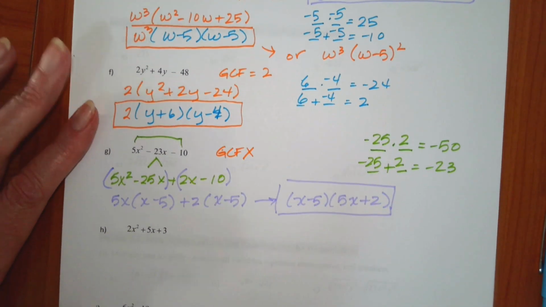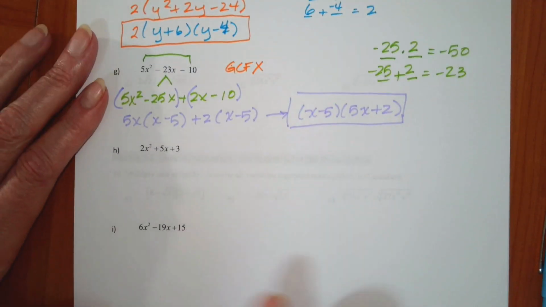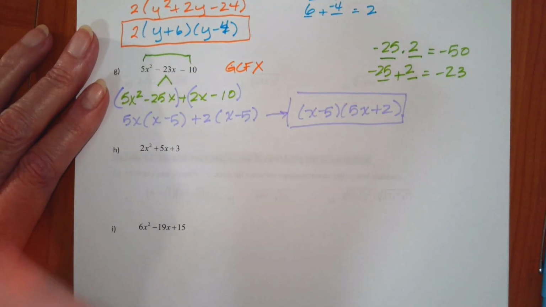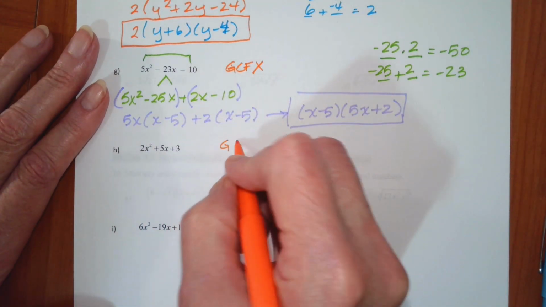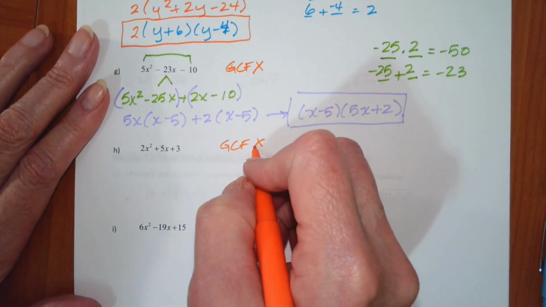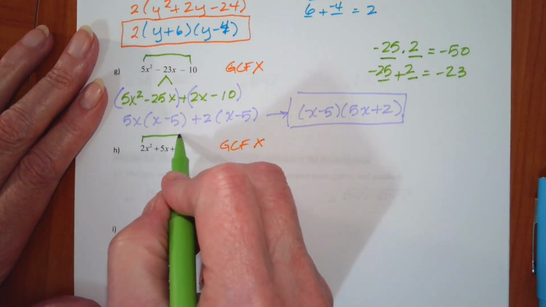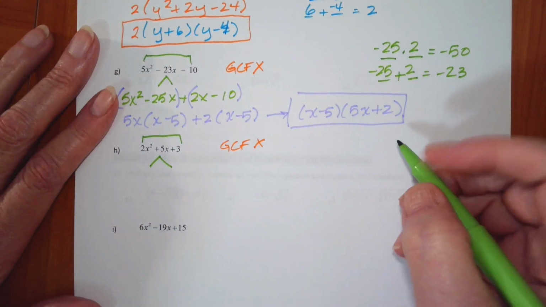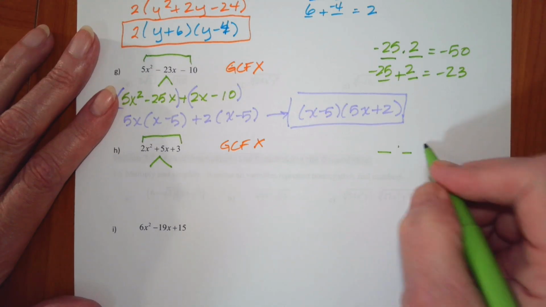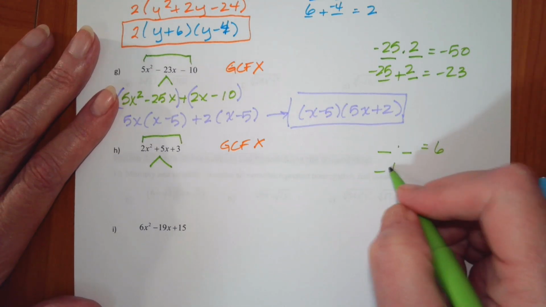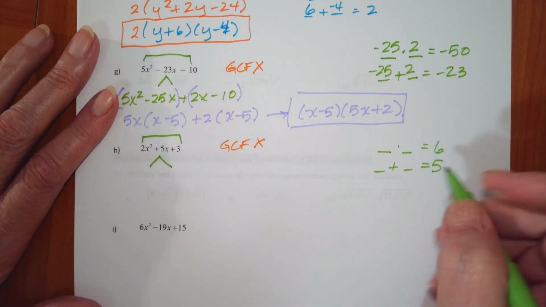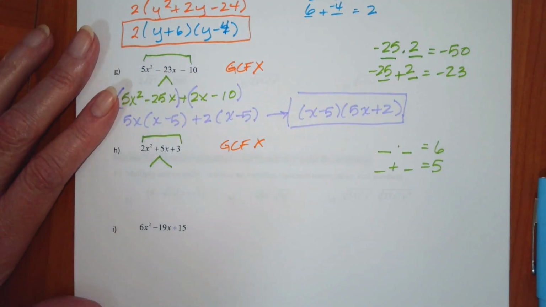Okay, GCF, none. Notice I write it down every time just to remind myself a GCF, and there isn't one. So I'm immediately going to have to split and group. I'm looking for two numbers whose product is 6 and whose sum is 5. And let's see, they are 2 and 3.